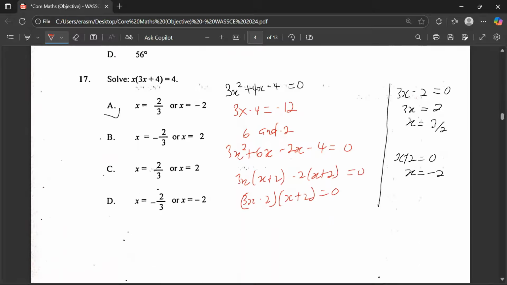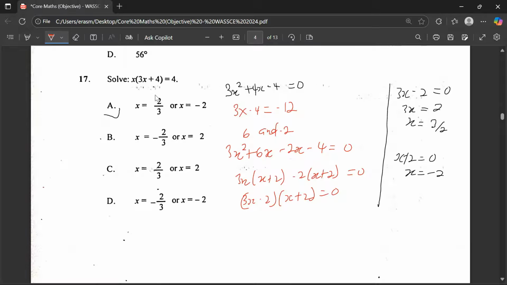Now we have to solve x times 3x plus 4 equals 4. Now we are going to expand, and so x times 3x is 3x squared, x times 4 is 4x.